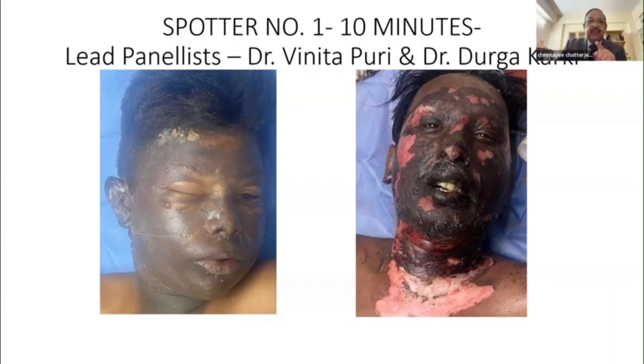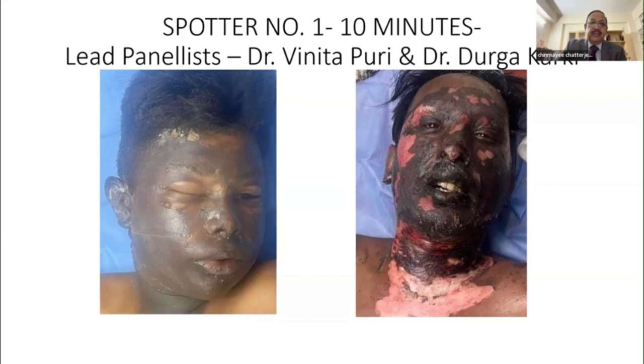On the contrary, on the left-hand side, it looks to be a more fresh burn, and the changes in the mucosa take a little time. On the day of observation, first day, second day, third day, it progresses. Maybe in the first day observation, it looks like this. If it is really deep, it will take a little more time for the lip to appear differently, say after 2 to 3 days.